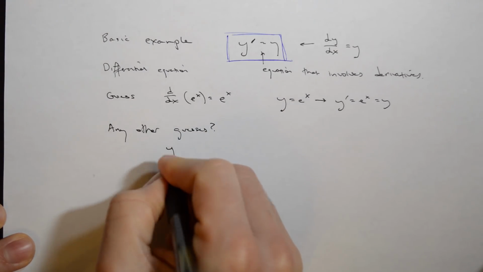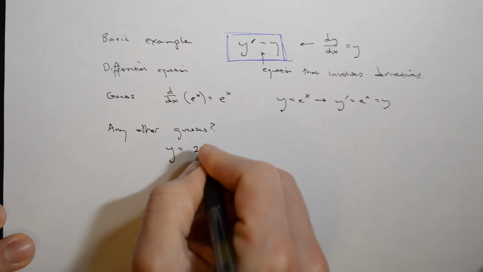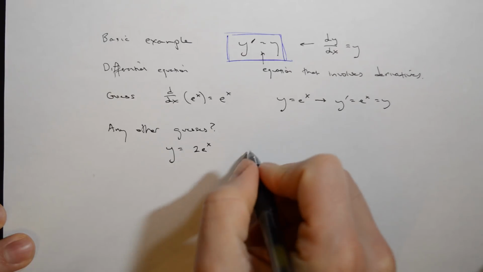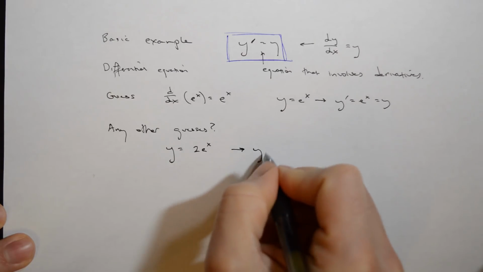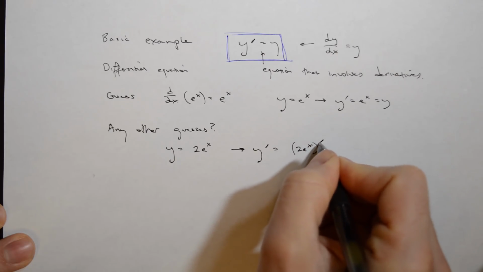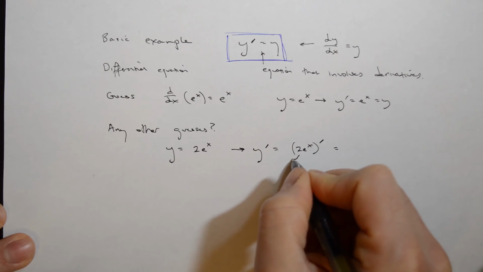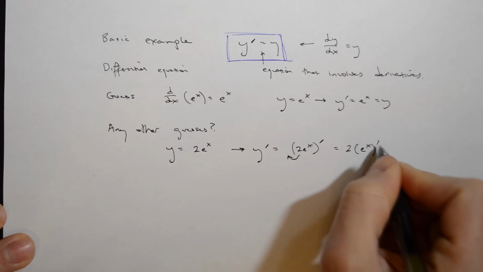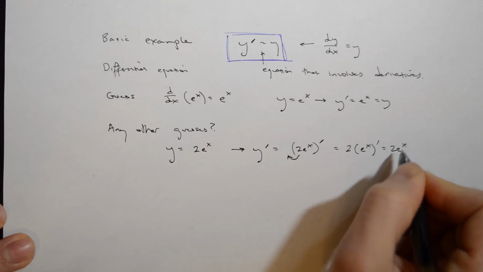Well, maybe if we guess y equals 2 e to the x. In this case, note that y prime is the derivative of 2e to the x, and then this 2 passes through the parentheses by linearity, and it becomes 2 times e to the x prime, which is 2e to the x.